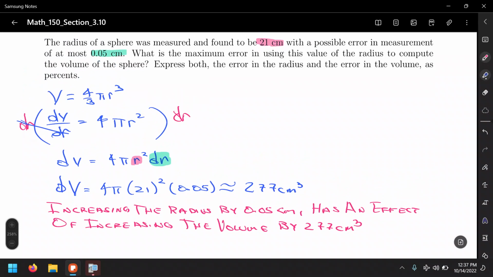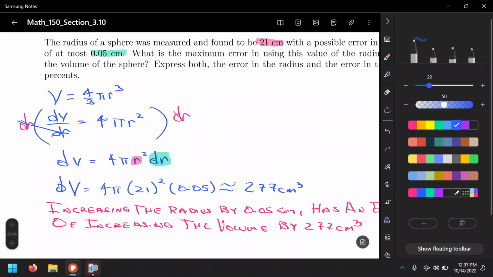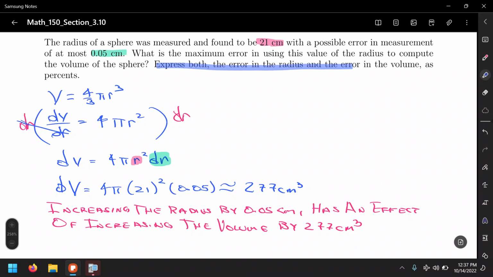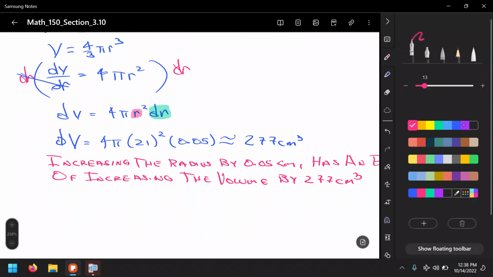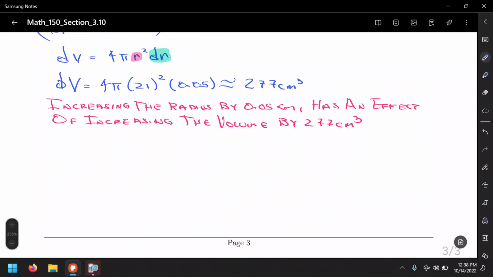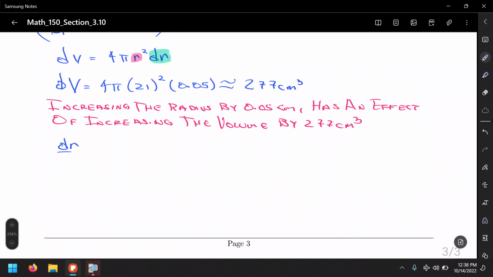So now we're going to express these errors as percent. Recall that to express this as percent, in this case, I'm going to divide dr over r, that is the slight change in the radius divided by the whole radius. So all we have to do is write down dr, which is 0.05, by the total radius. In this particular situation, the radius equals 21.